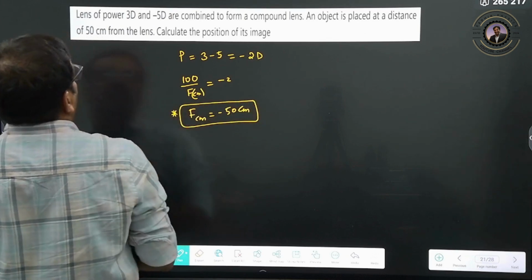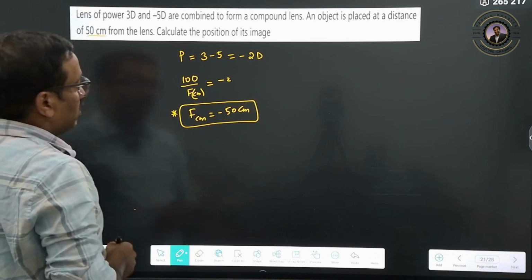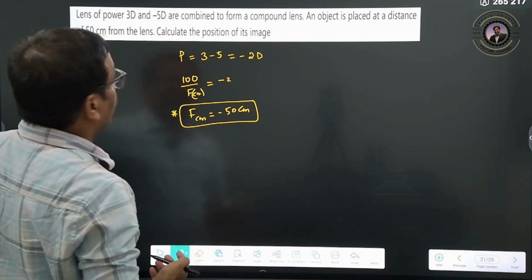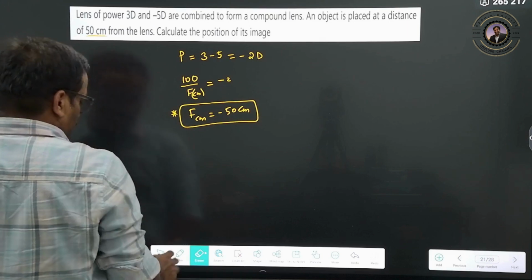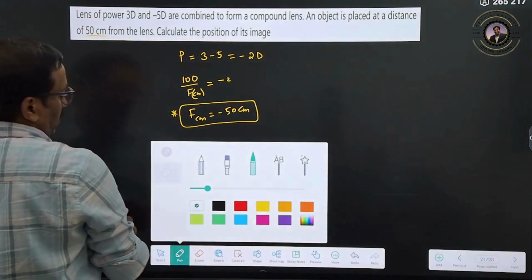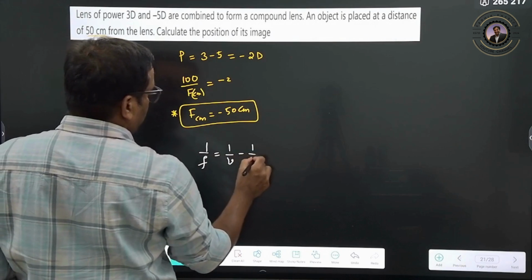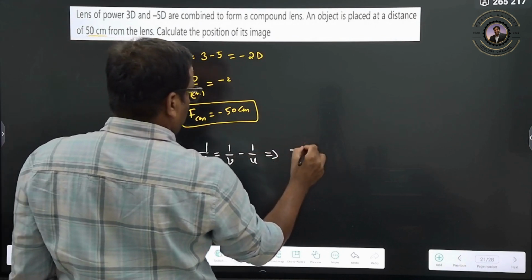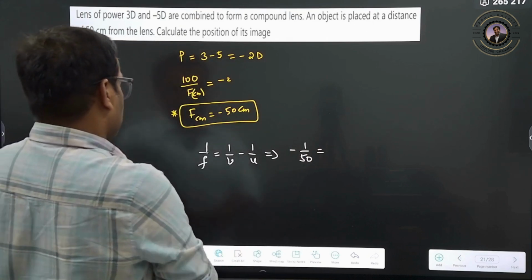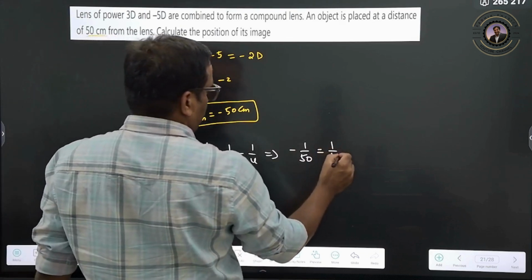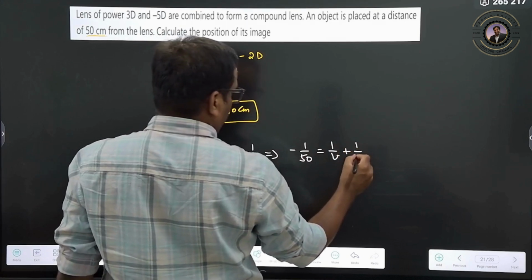So where the object is kept now, no need to calculate anything. Object is kept at 50 centimeter, at the focus. Clear? So if it is kept at the focus, where will the image be created? Let us apply the formula: 1 by f is equal to 1 by v minus 1 by u, that implies minus 1 by 50 is equal to 1 by v, so minus of minus plus 1 by 50.